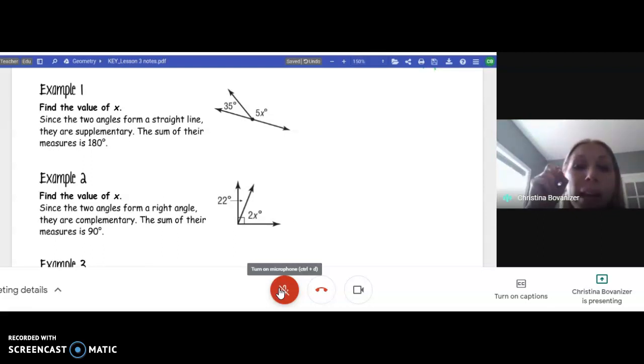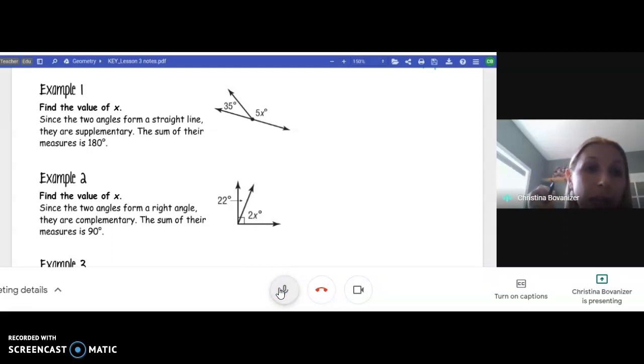So notice they're not asking you what the angle equals. If they were asking us that, we could just do what we did yesterday and do 180 minus 35. This time they're asking us to find the value of x. So since the two angles form a straight line, remember we know that they are supplementary. And supplementary means that when you add the two angles together, it equals 180 degrees.